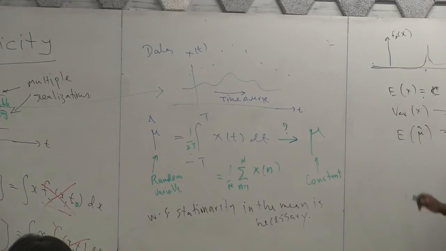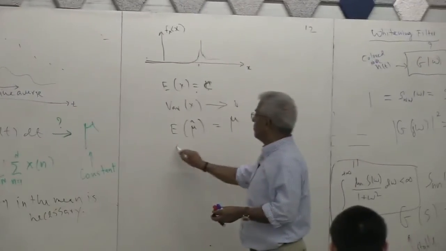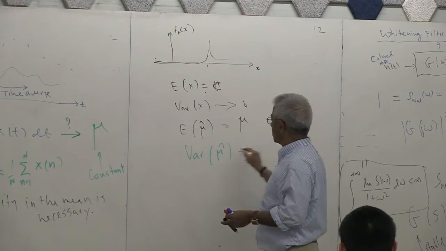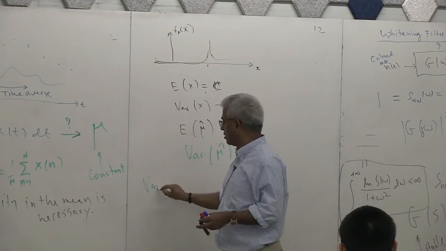That's the starting point. If the mean is constant, under this extra condition, the variance of mu hat should go to 0. So let's compute the variance of mu hat.